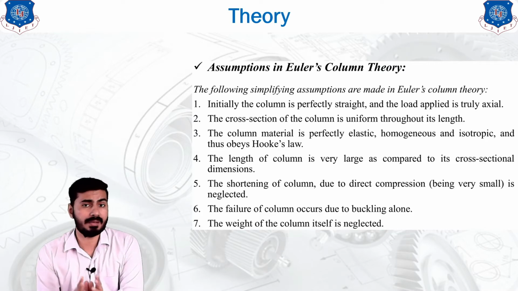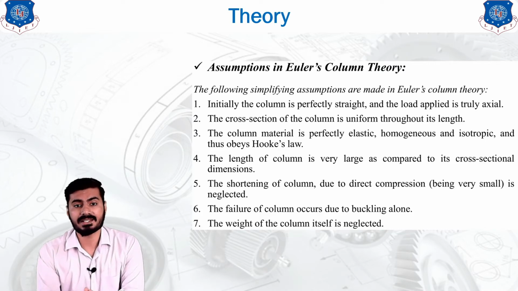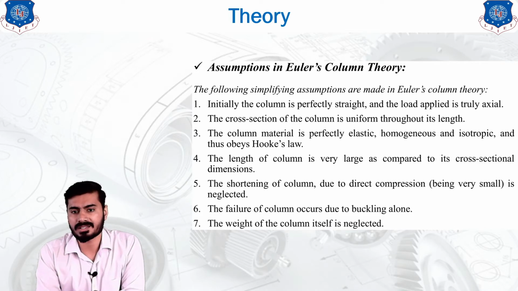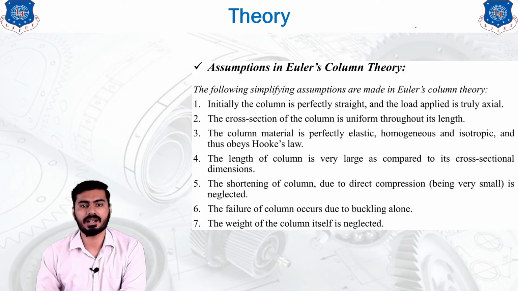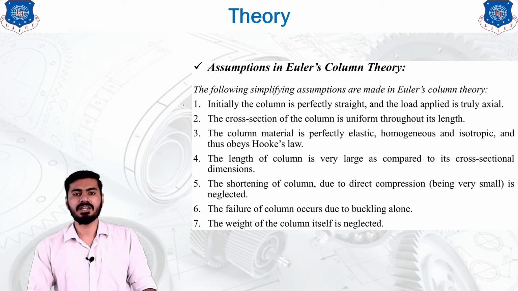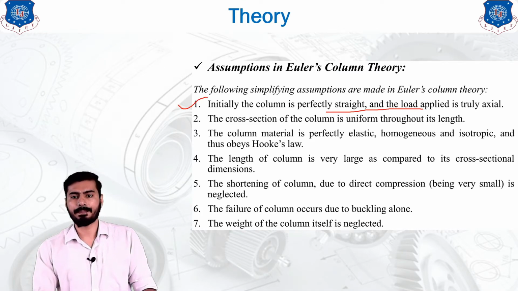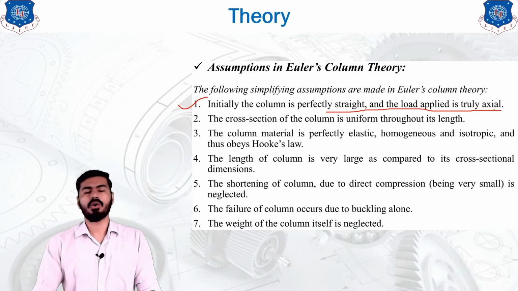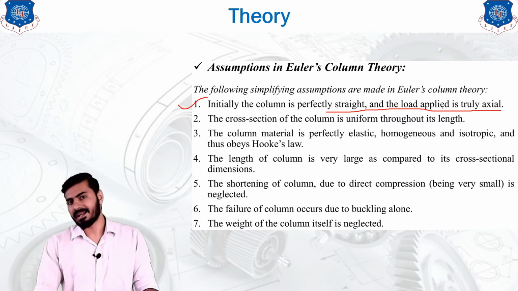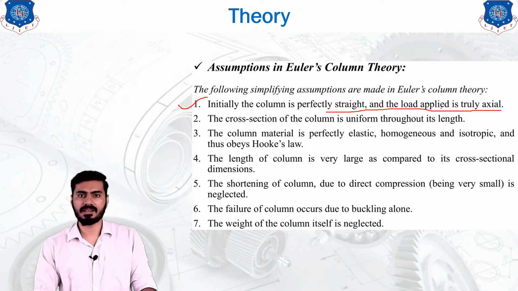There are a lot of assumptions used in Euler's theory, and that's why it is very important to explore those assumptions first in order to understand the theoretical constraints. The first assumption is that initially the column is perfectly straight and the load applied is truly axial. So we are considering that the column is subjected to an axial load only, and there is no initial bending in the column.